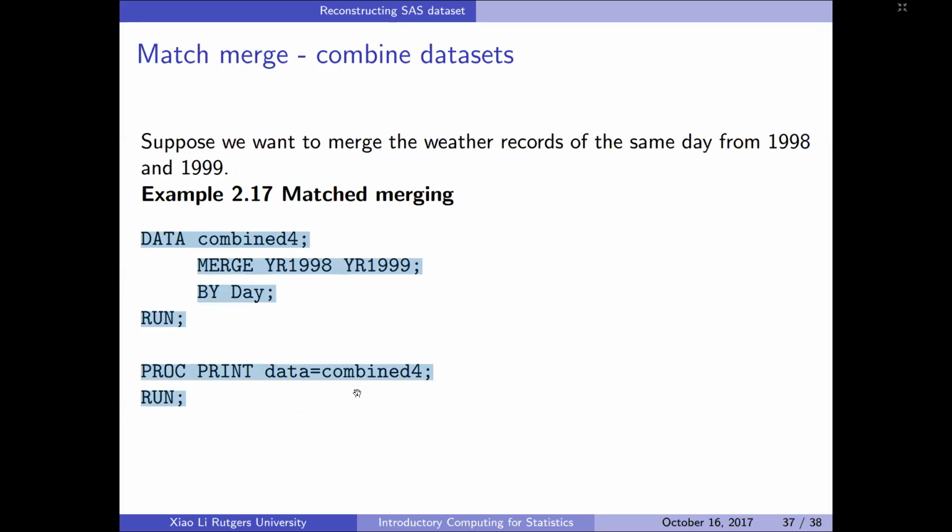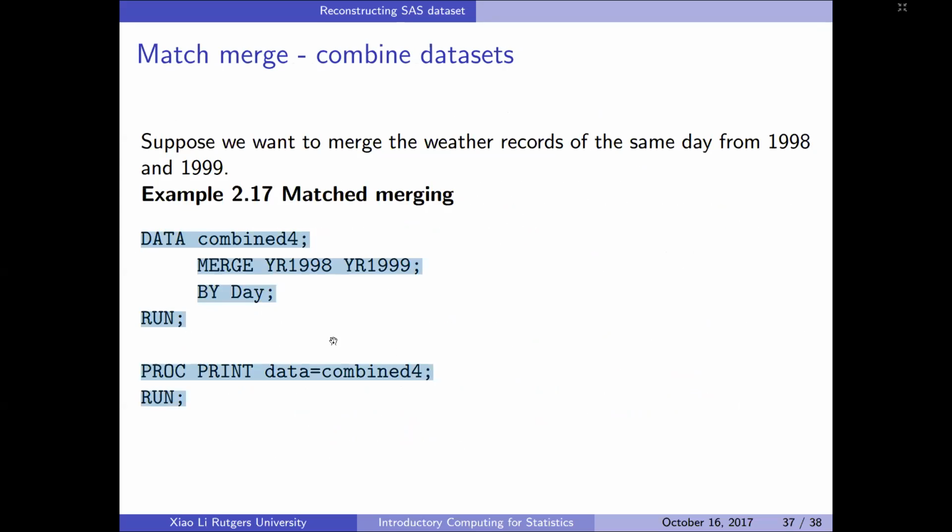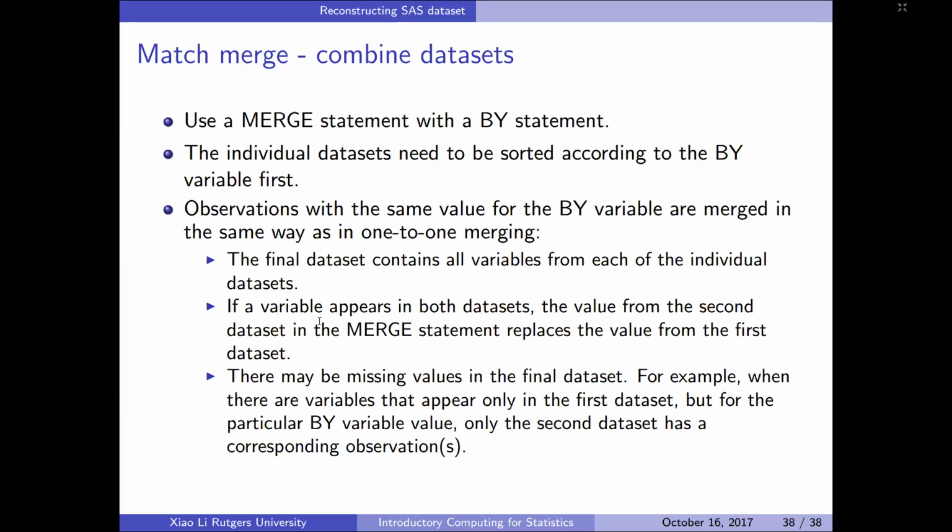Also, the codes of the examples I will put into the file section on Canvas. You should always try those data steps in your own RStudio to help you understand the statements better.